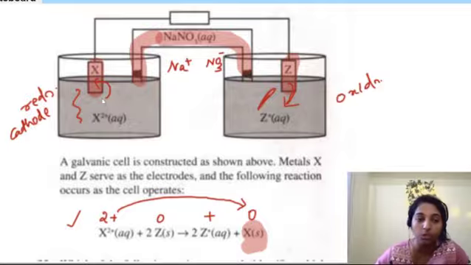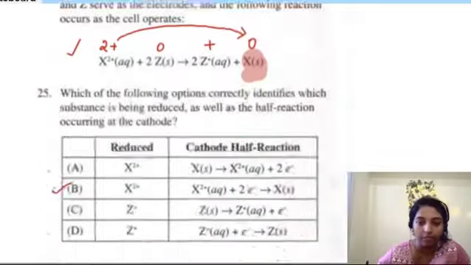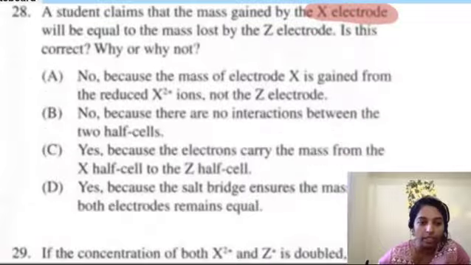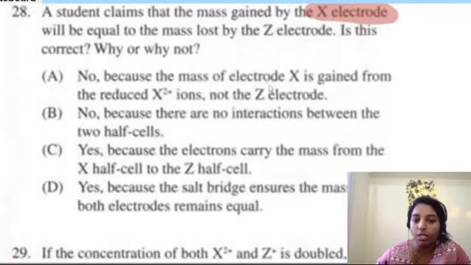X is always formed from X2+ by accepting electrons, correct? So that's why you don't want to think about both relating like that. So you can say no, because the mass of electrode X is gained from the reduced X2+ ions, not the C electrode. Right. That's the correct one.